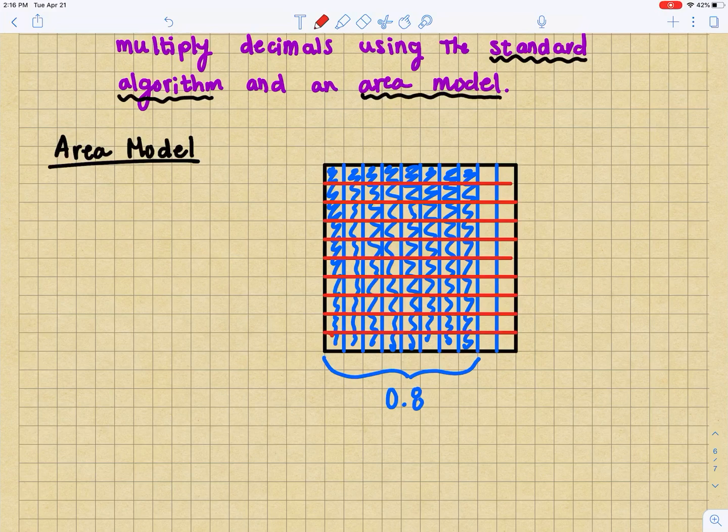Okay, so I'm going to say that I want 6/10 of this. So I'm going to fill in 6 of these red skinny rectangles here.